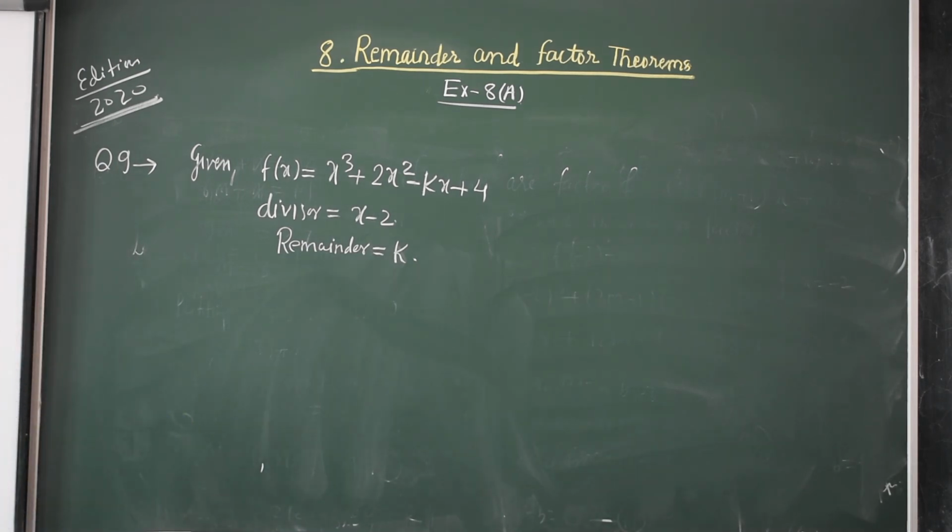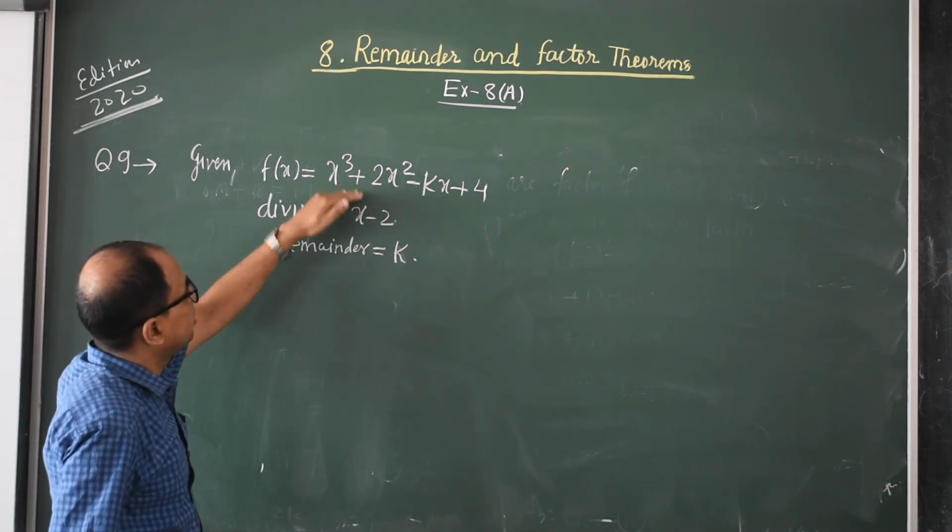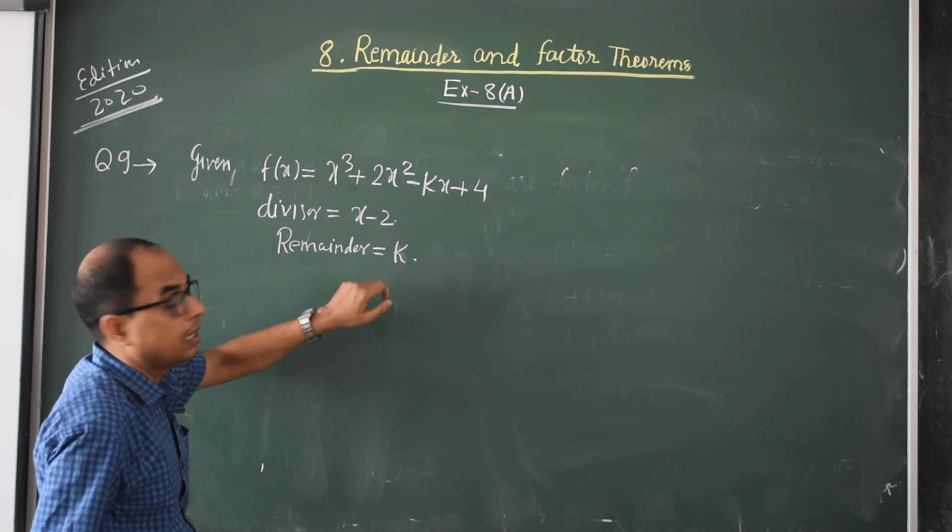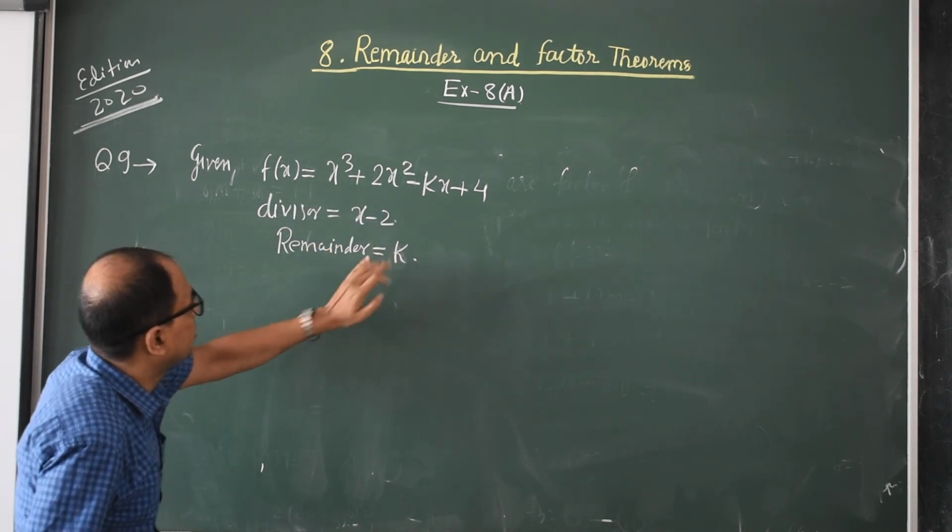So it is given that when this polynomial is divided by x minus 2, the remainder is k. So what will be the value of k?